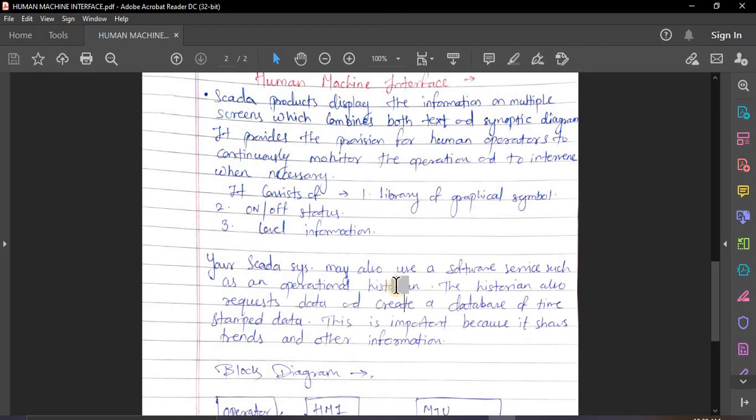Suppose 15 days ago the climate was quite cloudy, so by using information like the trend or timeline, it can predict the upcoming 15 days forecast. That is what an operational historian is. The historian also requests the data and creates a database of time stamped data. This is important because it shows trends and other information.